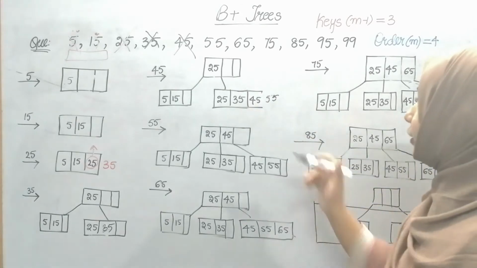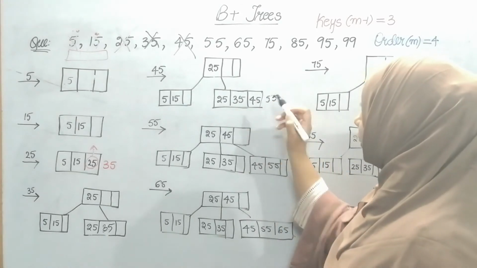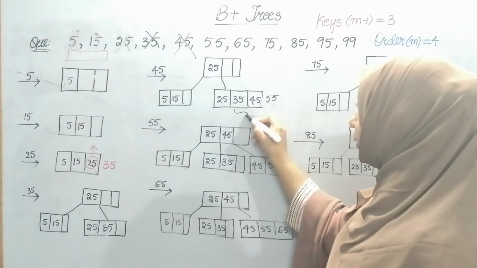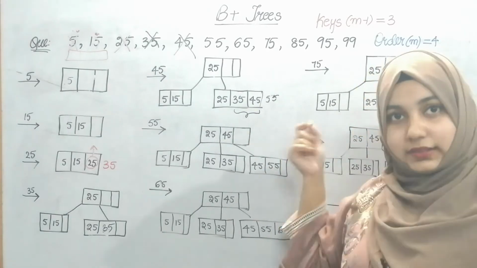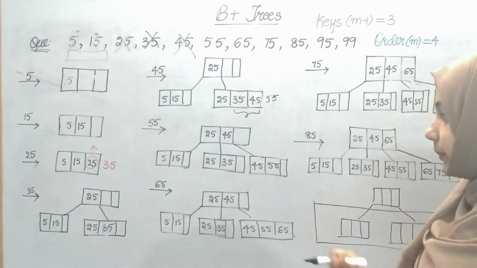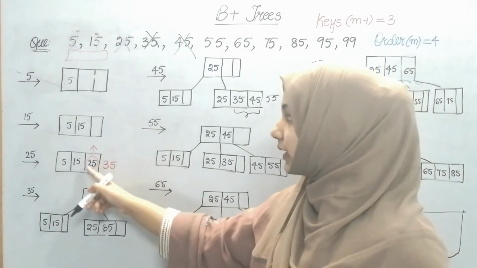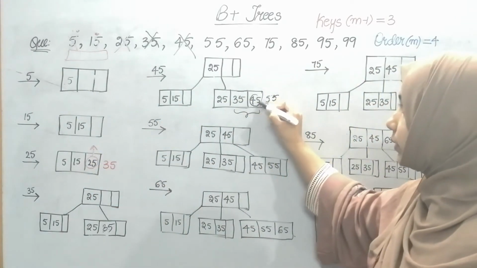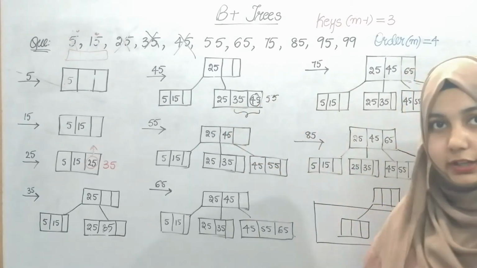After that, you need to check. See here, 25, 35, 45, 55. The middlemost elements are 35 and 45. This is the second time that your node is overflowing, right? So the first time when you inserted, which element did you choose? The rightmost element. So in this case also you need to choose the rightmost element. You cannot choose 35 now.